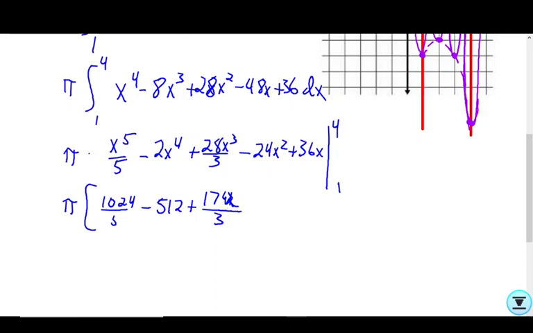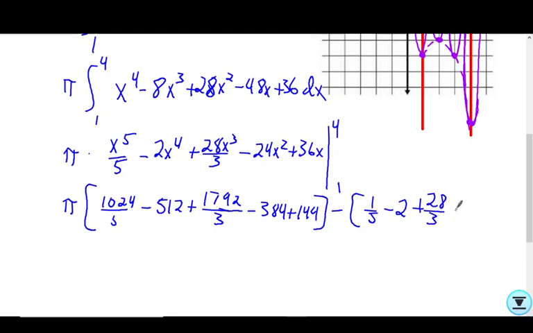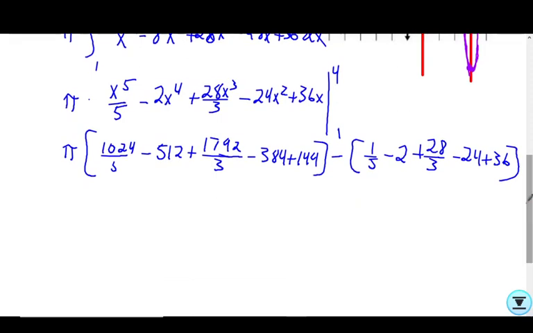I'll fix that. 9, 2 over 3 minus 384 plus 144 minus, and this one's the easy one, 1/5 minus 2 plus 28 over 3 minus 24 plus 36. Okay? That's just plugging it in.